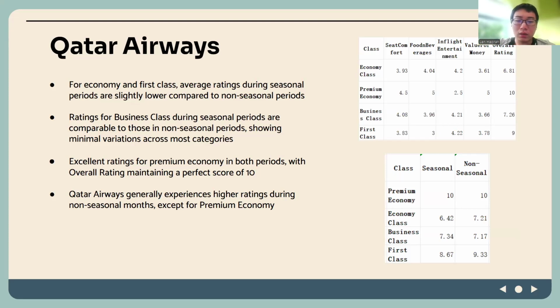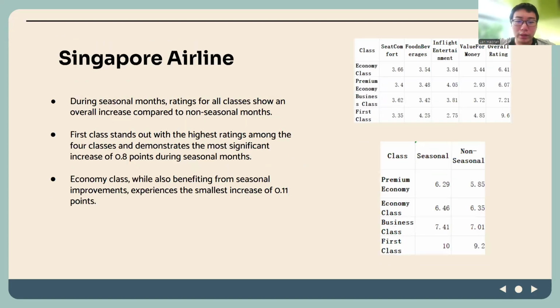Interestingly, Qatar Airways generally experiences higher ratings during non-seasonal months, except for premium economy, because it consistently delivers outstanding results regardless of the season. Okay, then for Singapore Airlines, during seasonal months, ratings for all classes generally show an increase compared to non-seasonal months, reflecting improved service quality during peak travel periods.